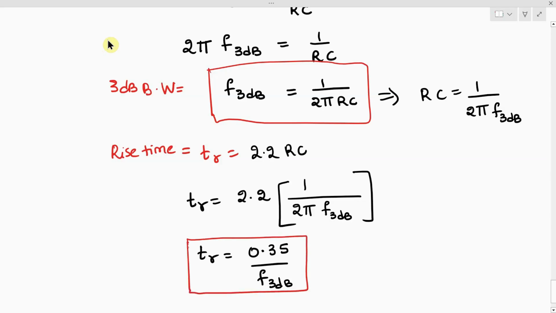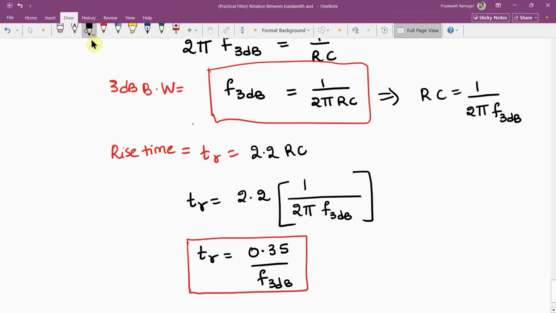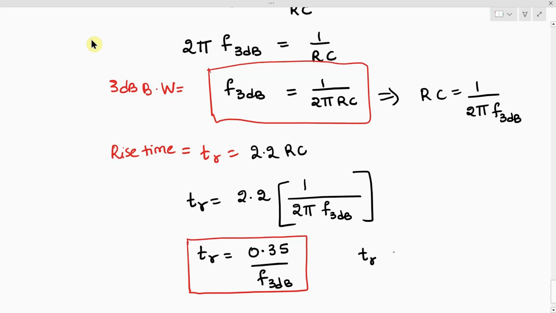Earlier, when we saw the relation between bandwidth and rise time for the ideal low pass filter, what did you get? 1 by f3 dB, right? That indicates that the rise time is inversely proportional to f3 dB. Here also, we observe that rise time is inversely proportional to f3 dB.